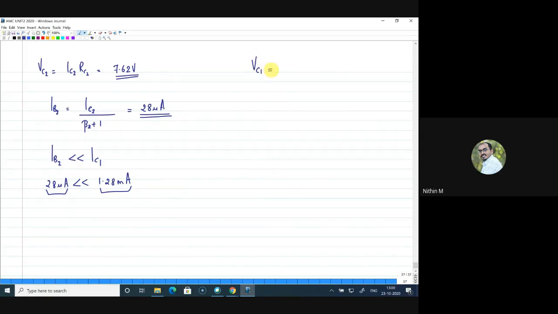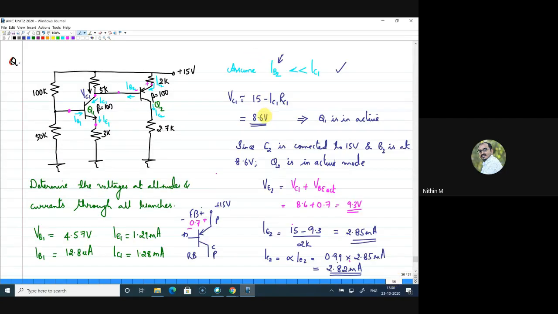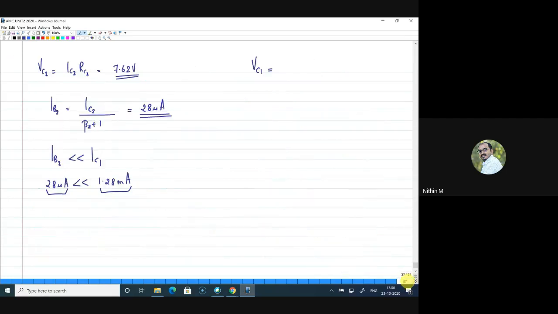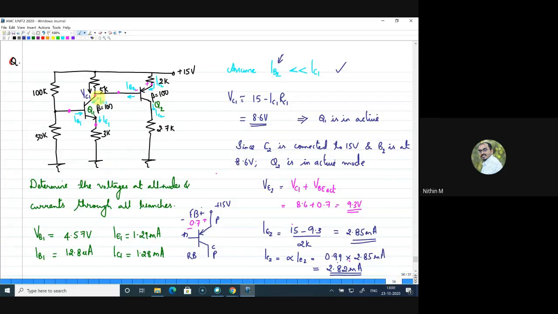Previously we wrote VC1 as 8.6. Now let me calculate VC1 with this new IB value. To find VC1, I should know the current through RC1. The current IE1 is 1.29 milliamps, and the IB2 current is 10 micro.